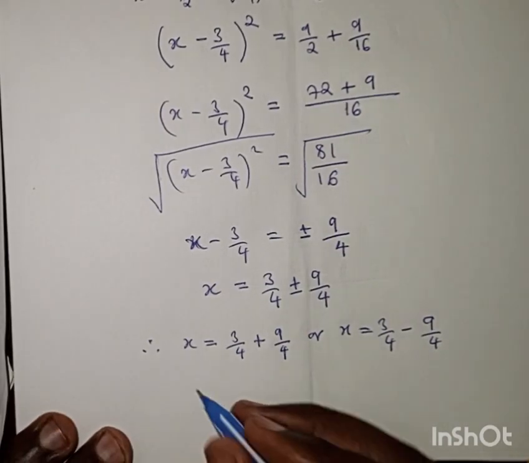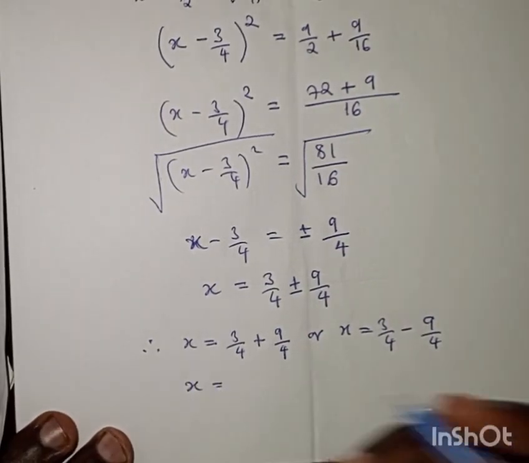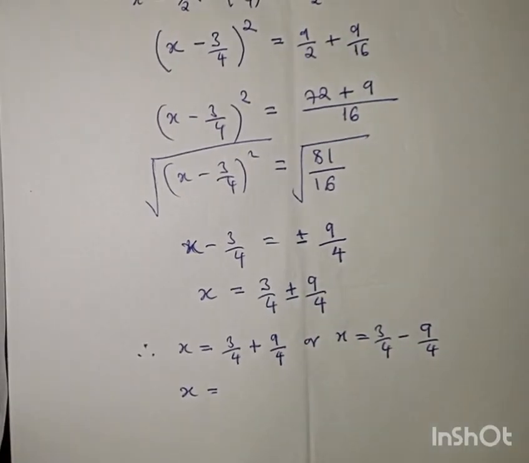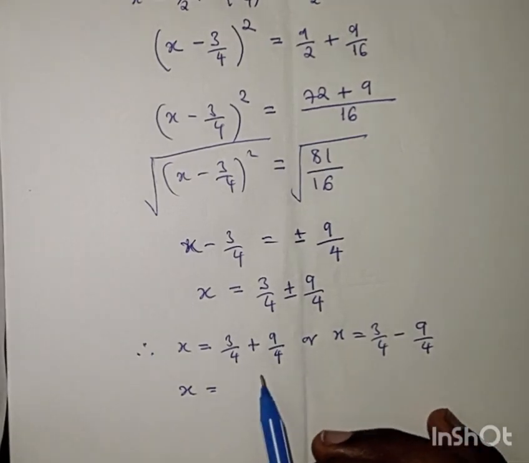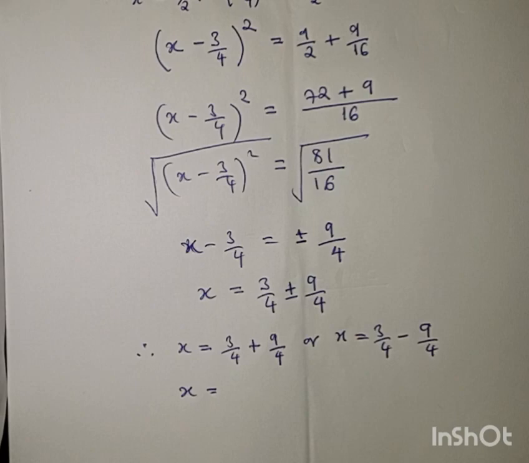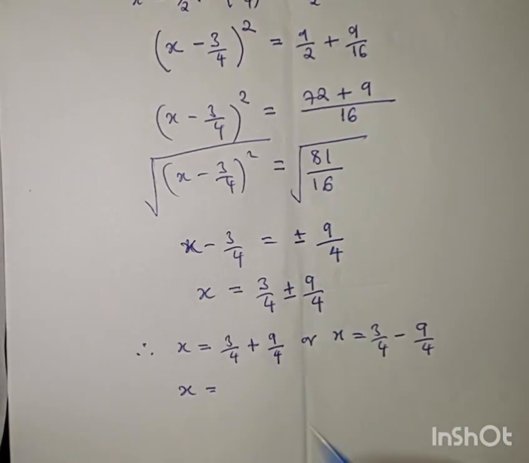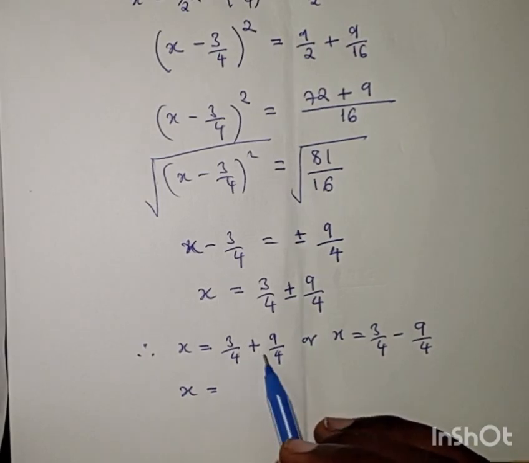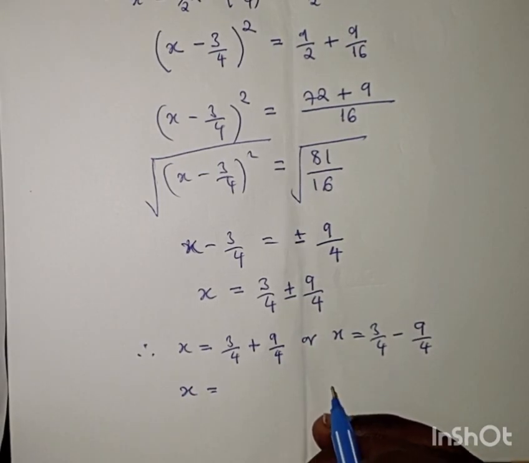Okay. So working out this fraction is simple since we have a common denominator. So when you have a common denominator, you just work out the numerators. You add or subtract. Okay. So since here we are adding, you just add the numerators, then divide by the same common denominator.